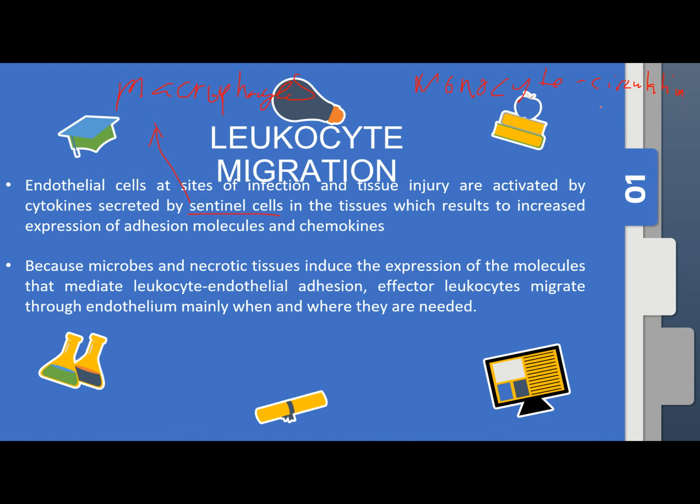An example, if it goes to the liver, they are known as your Kupffer cells and so on. Now, the sentinel cells, class, whenever these sentinel cells would encounter an antigen, let's say it encountered an antigen, it would now release certain chemicals known as your cytokines.